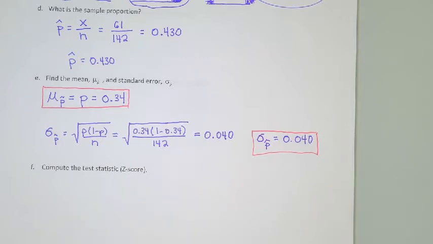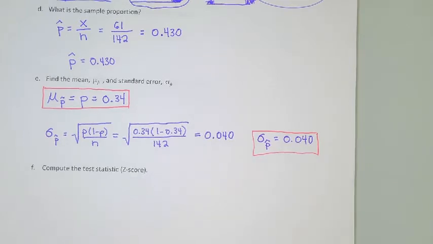So that's what we're going to be calculating. However, there are different types of test statistics. There's what's called a t-score, which we're going to be looking at in a couple weeks. But for the proportions here, we're just worried about calculating the z-score.